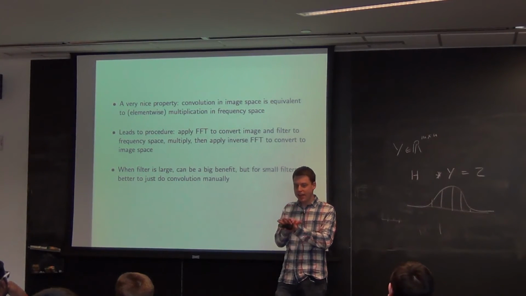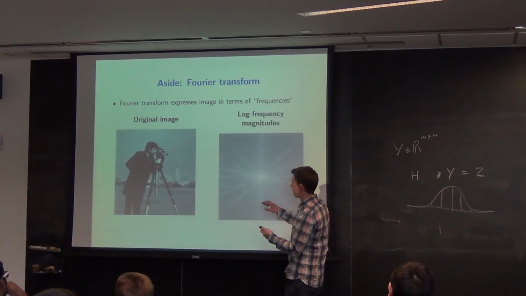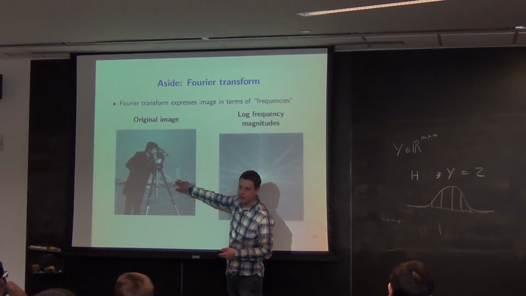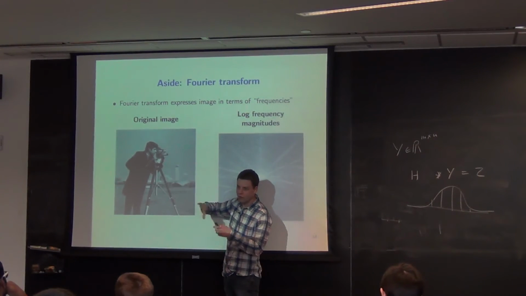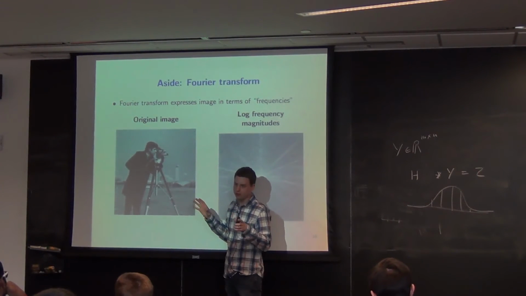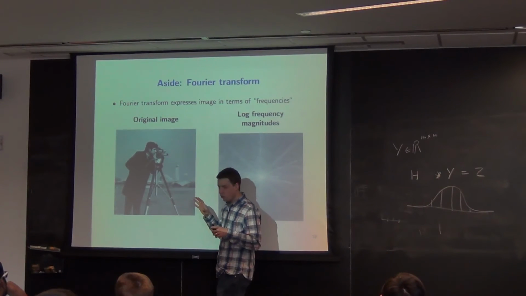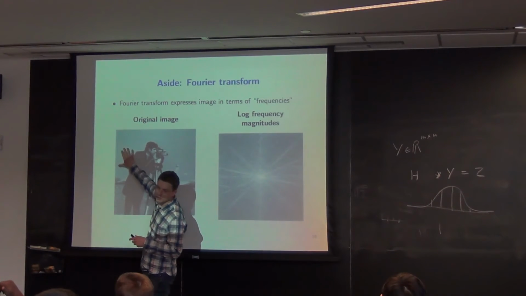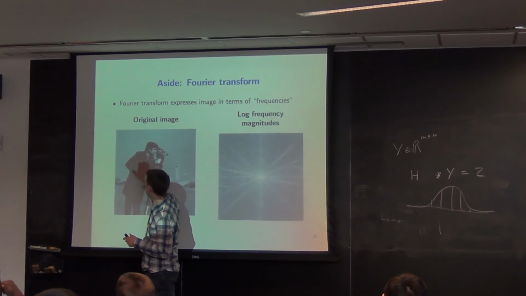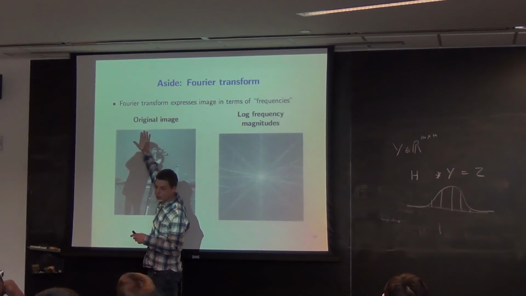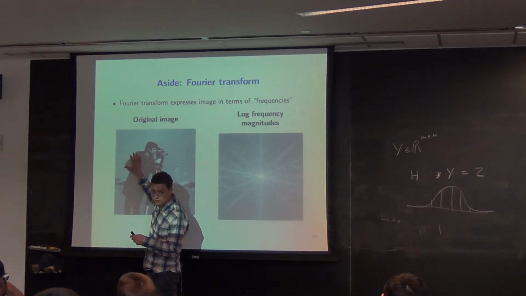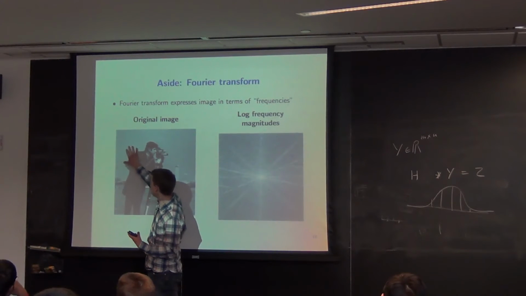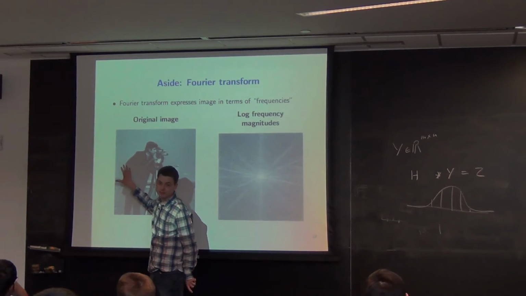So if I take the Fourier transform of this image and the Fourier transform of a great big Gaussian blurring kernel, this is one I would have to do a lot of operations to make every pixel, right? Because I have to take a great big Gaussian blur here, compute every single possible product, sum them all up, then move it over one pixel and do the same thing again. It's a lot of operations.